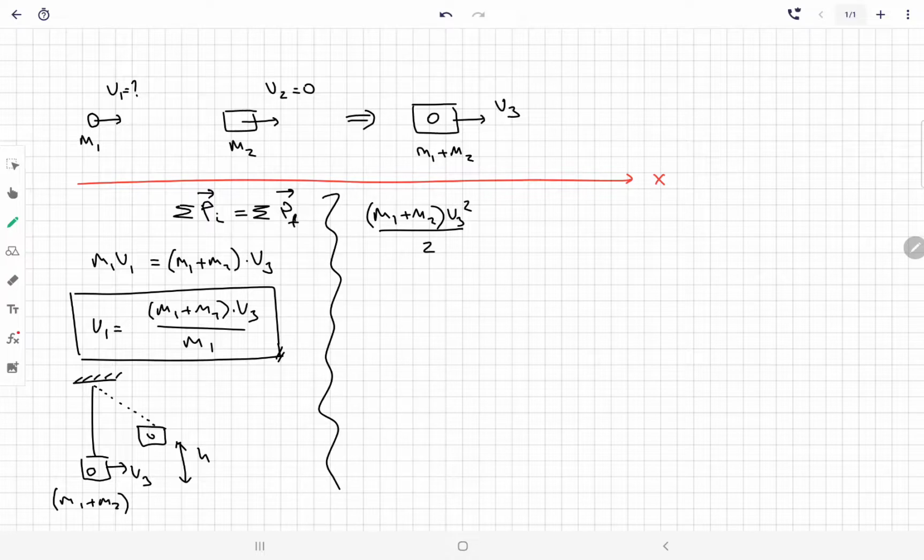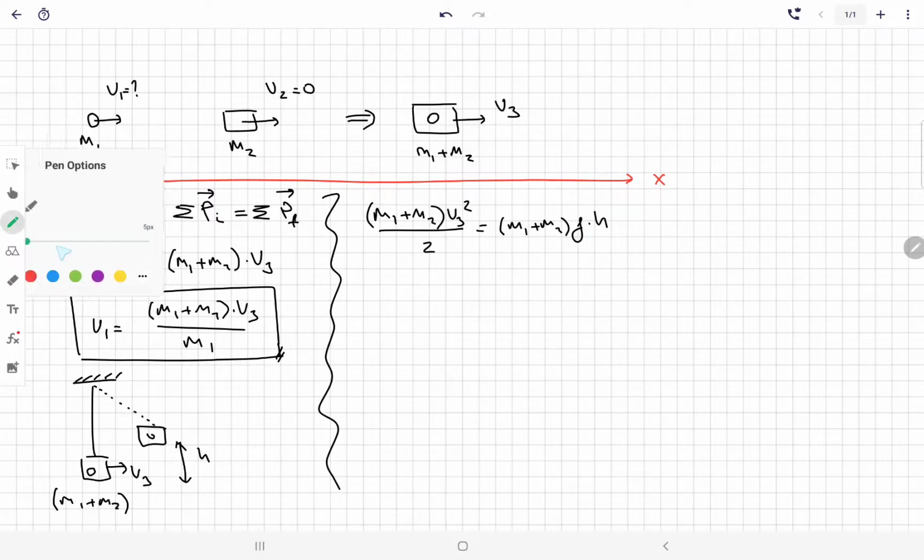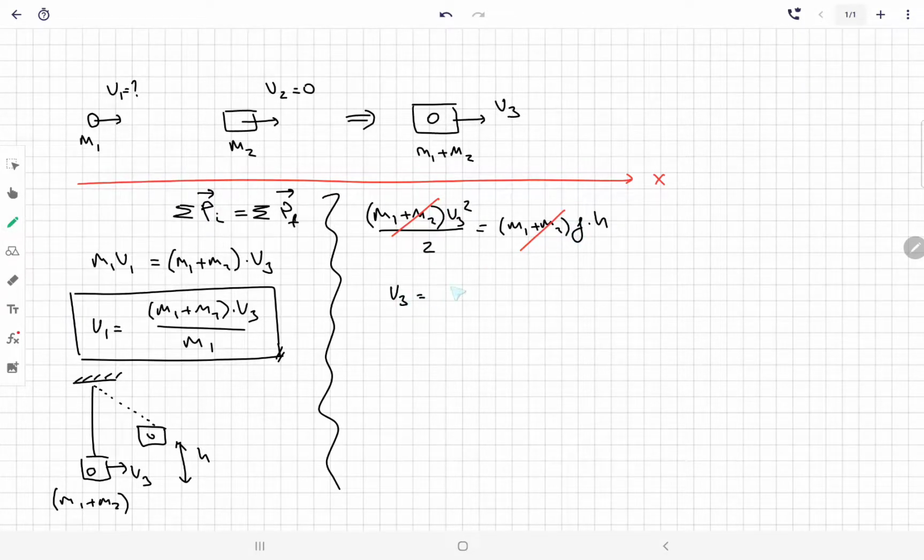It means the initial kinetic energy will be converted to potential energy. And the potential energy at its maximum height will be its total mass times gravity times height. So from here, we can easily find V3, which is the square root of 2 times gravity times height.